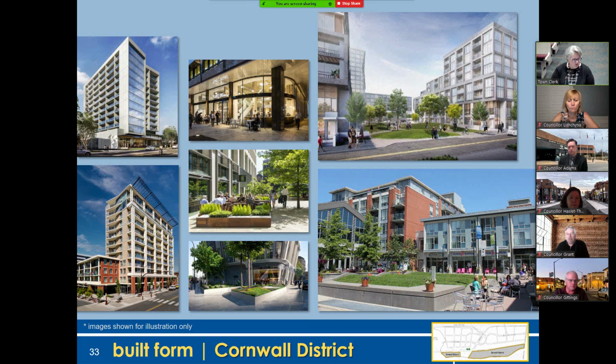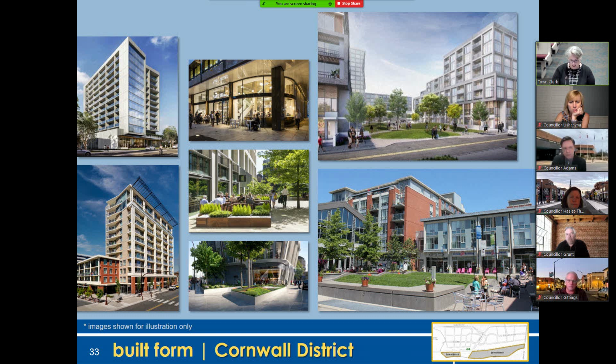And moving on to Cornwall District, so south of or sandwiched between the rail corridor and Cornwall Road. And this is really the transition district. And it's mostly bound by mature neighborhoods to the south and the natural areas of the 16-Mile Creek.